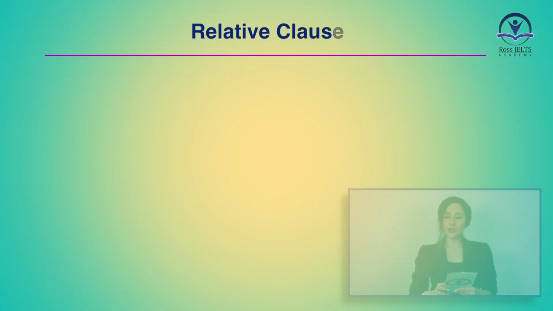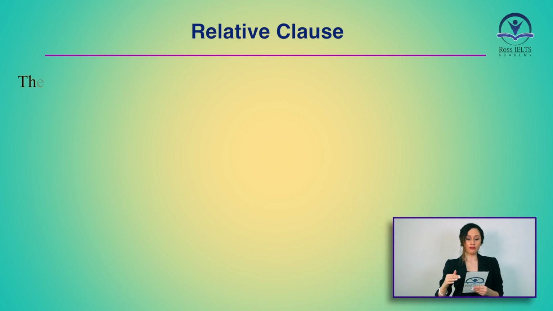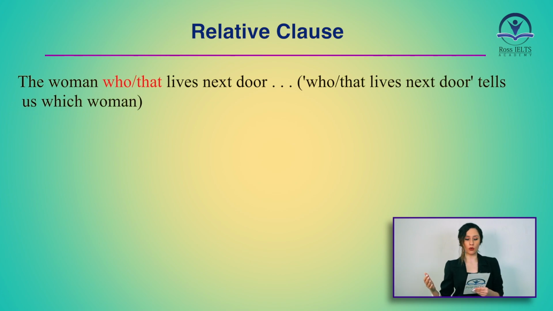Let's now talk about the second way to make a complex sentence, which was relative clause. So basically, you can use relative clause to talk about a person, a thing, or a place. It means that when you want to explain more about these things, you can use a relative clause, and actually by using a relative pronoun. For example, you can say, the woman who lives next door, or the woman that lives next door.